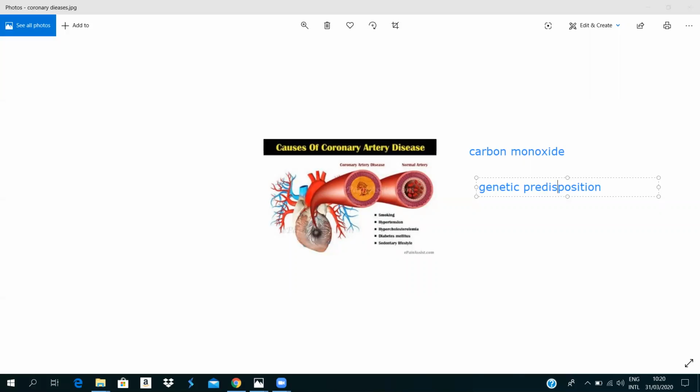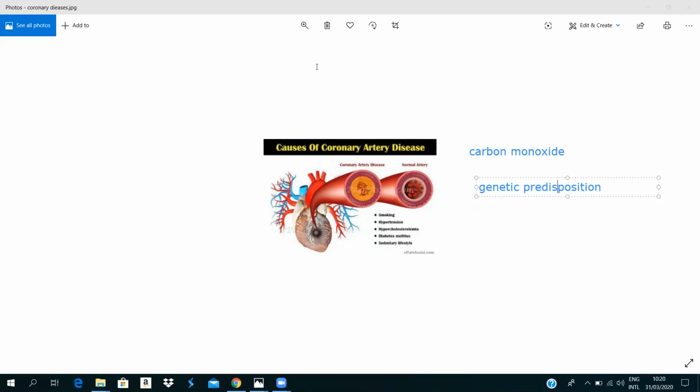This genetic factor leads to coronary heart disease from one generation to the other in the family. But we can be aware of this risk. Also, we have gender and age. Old age is different from young age, and male is different from female here.